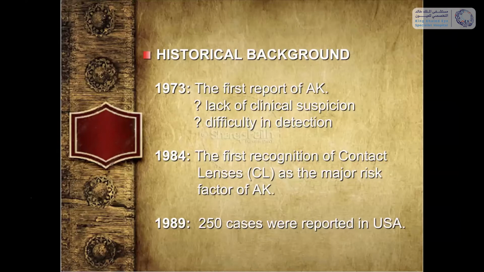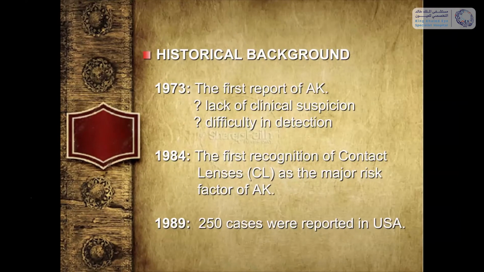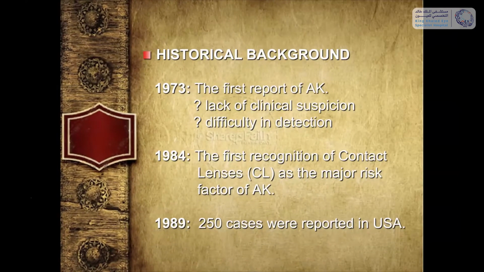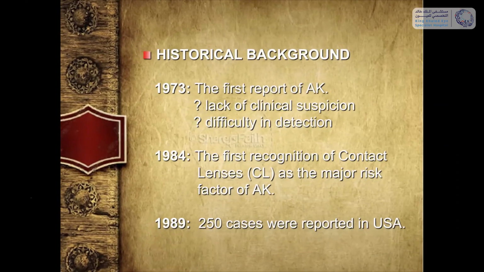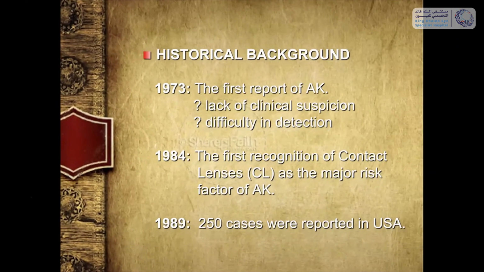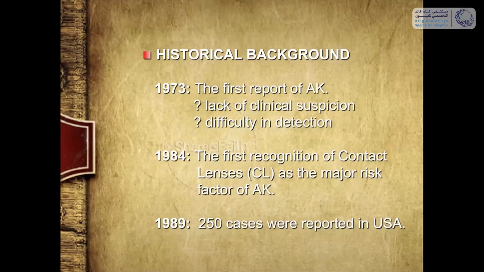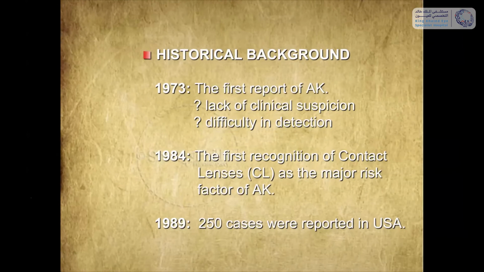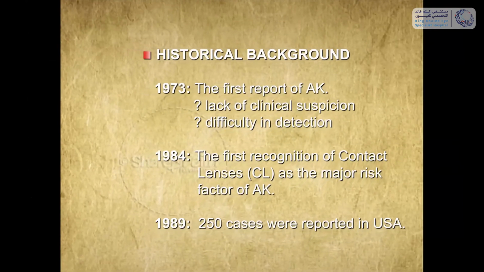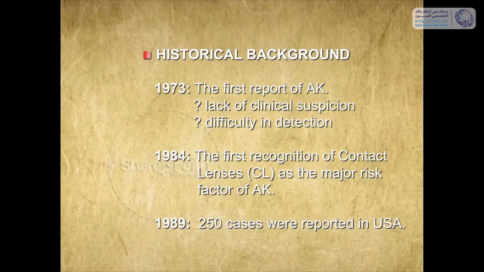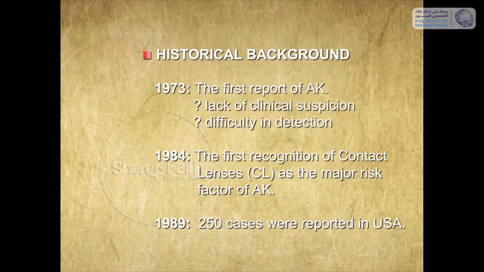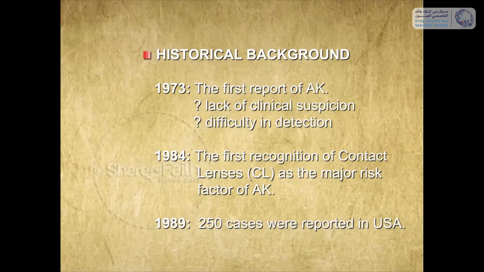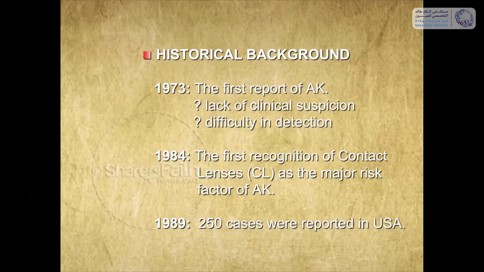Some historical background. In 1973, the first report of Acanthamoeba keratitis. As you see, this is a recent date. I'm sure that there were infections reported before that, but because of a lack of clinical suspicion and difficulty in detection, it was not recognized before that date.